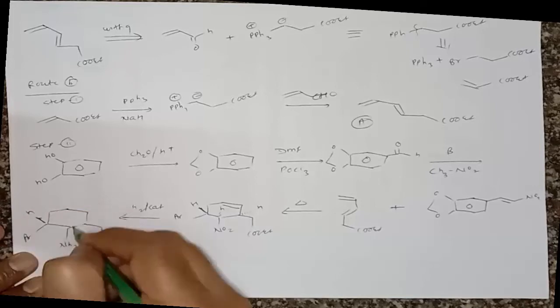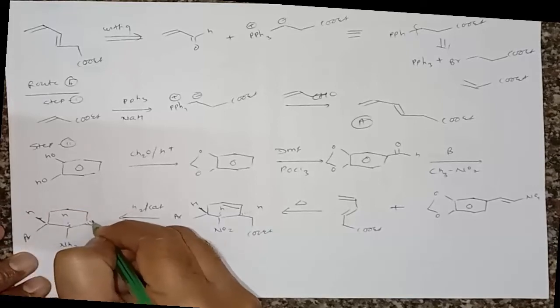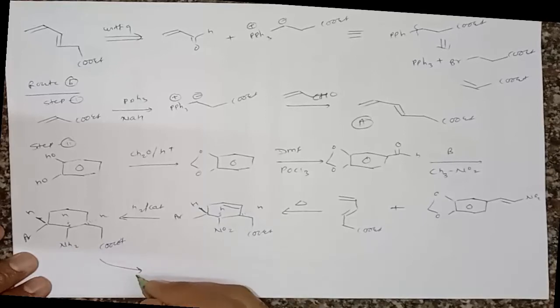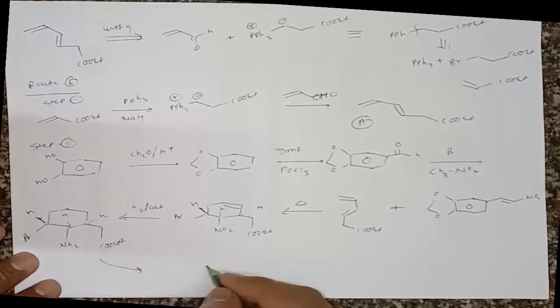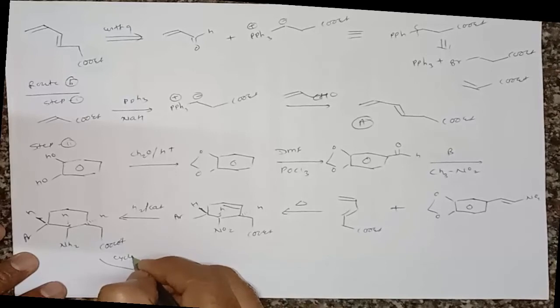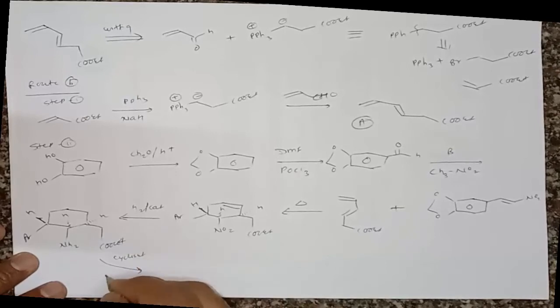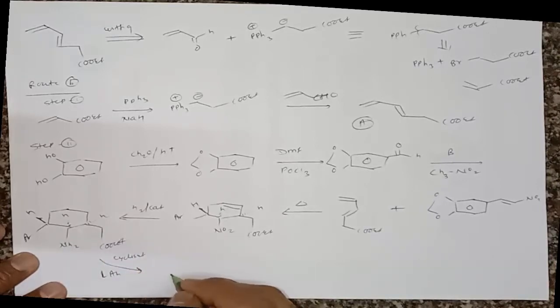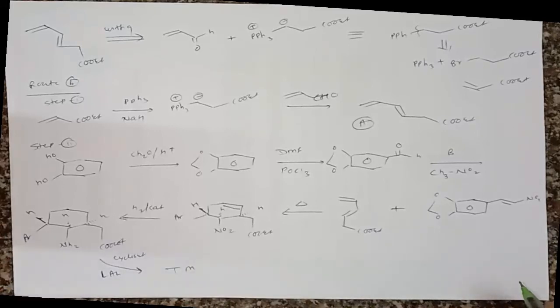Then these hydrogens are above the plane, hydrogen below the plane, and further it undergoes cyclization. First step is cyclization, and second is reduction with LAH. First cyclization gives formation of an amide, and second it gives formation of the desired target molecule. So this is the route for the synthesis of such type of molecules.